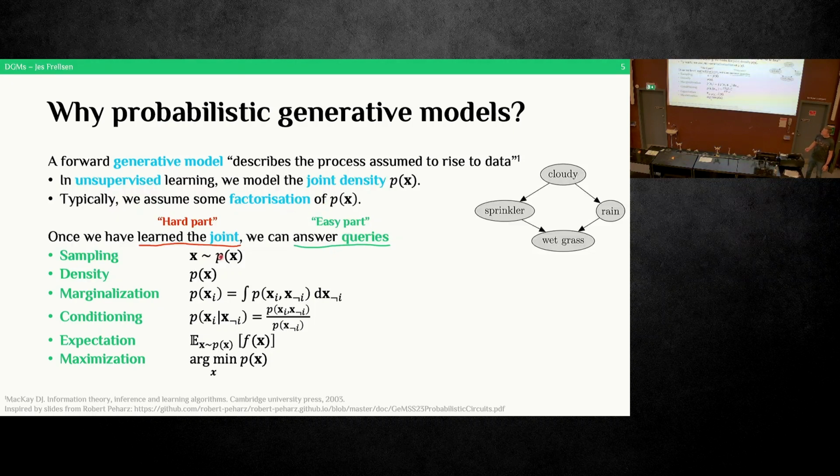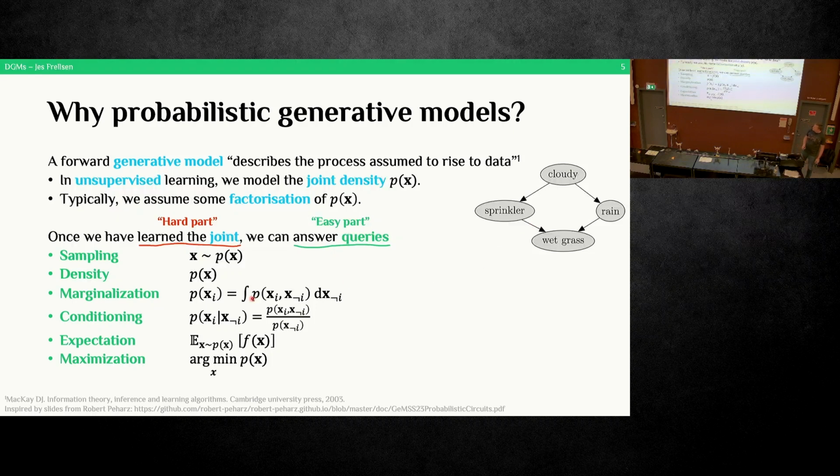So one thing we can, for instance, do is sample from the joint distribution over these four variables. We can ask about the probability or the density of the variables. We can do marginalization. For instance, we can marginalize out cloudy, sprinkler, and rain, and just ask what's the probability of having wet grass.